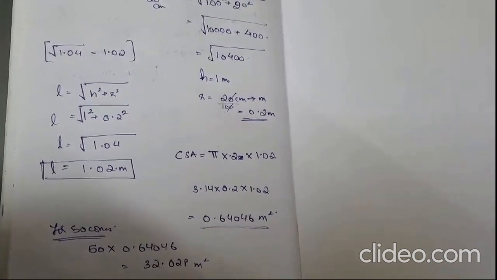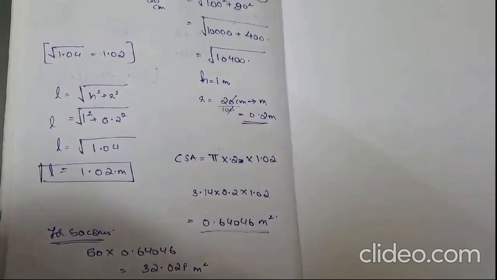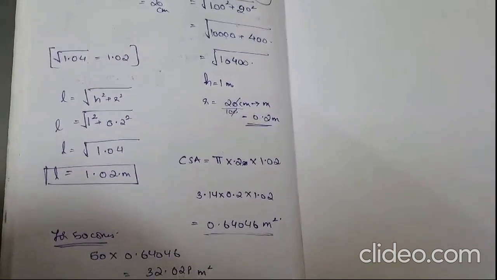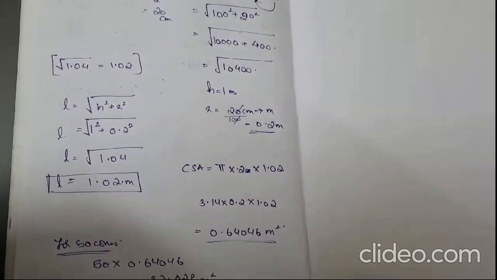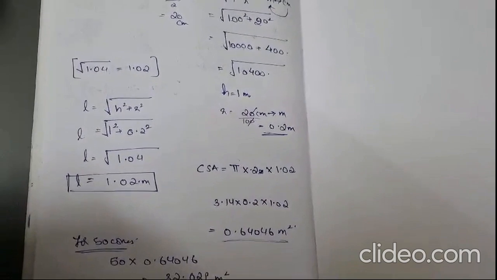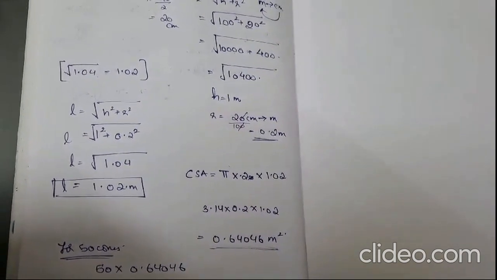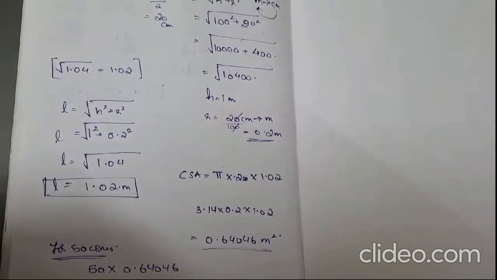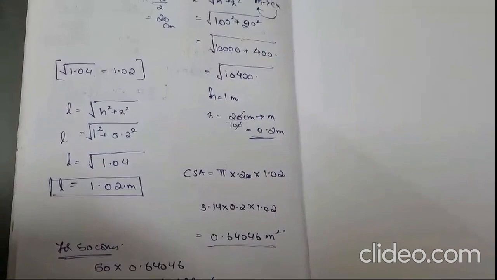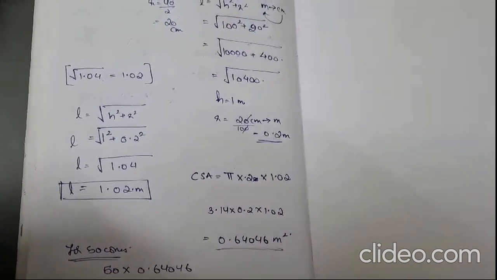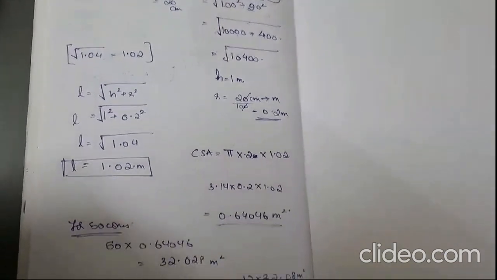So 32.028 meters square is equal to how much? That's going to be 12 times 32.028 meters square. Whatever the answer comes out to be, that is your answer. That comes out to be around 384.34 rupees, the cost of painting 50 cones on their outer surface area.